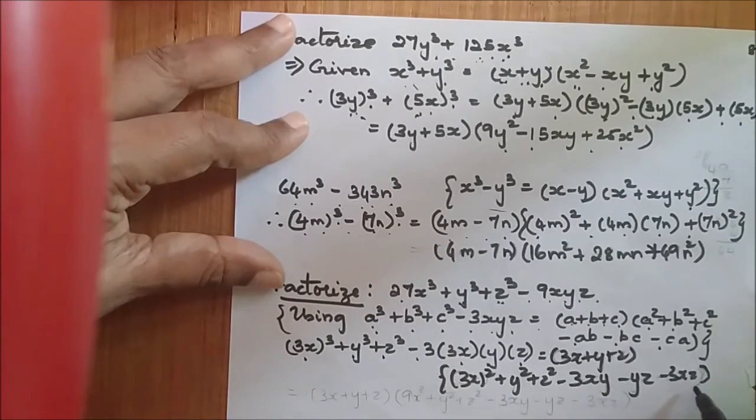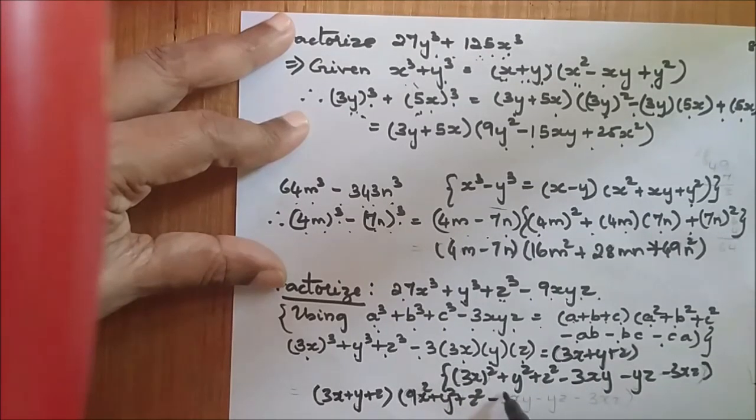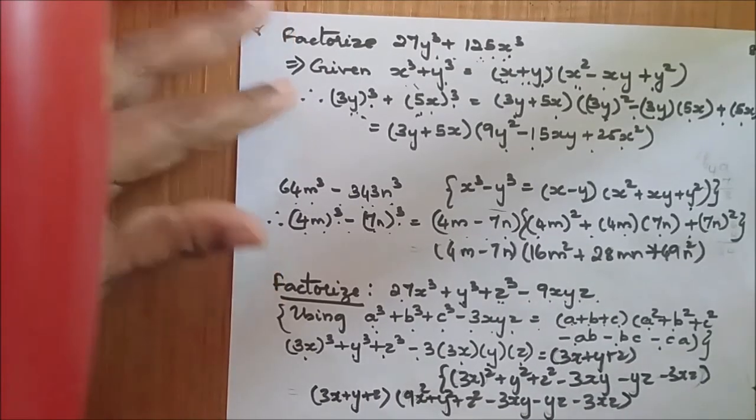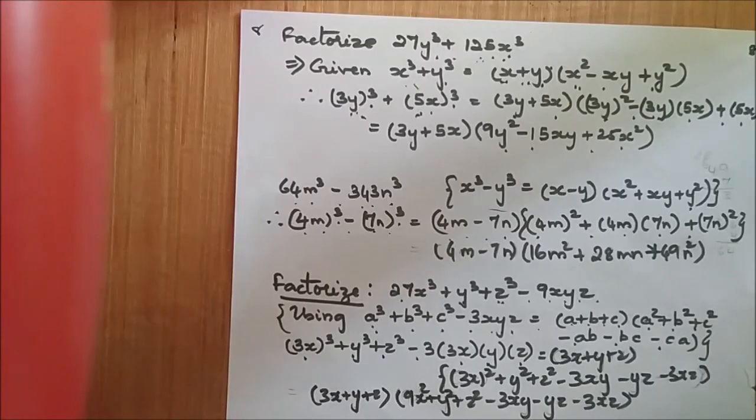Okay, this is nothing but 3x plus y plus z into 9x squared plus y squared plus z squared minus 3xy minus yz minus 3xz. So this is how we solve problems in polynomials. So please keep on trying many problems so that you can understand the concepts even better. Thank you, friends.